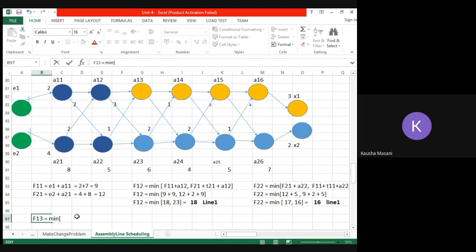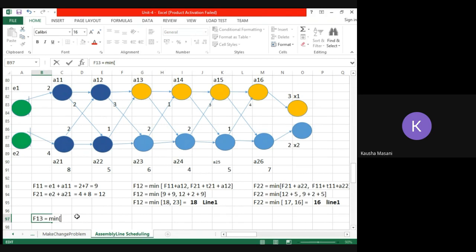If you are getting confused between this T21, T12, T22, okay, just follow the arrows. Like suppose this is what we are finding, A13, right? To reach A13, we have computed till here, till A22. The arrow here which is getting me to A13 has value 1.